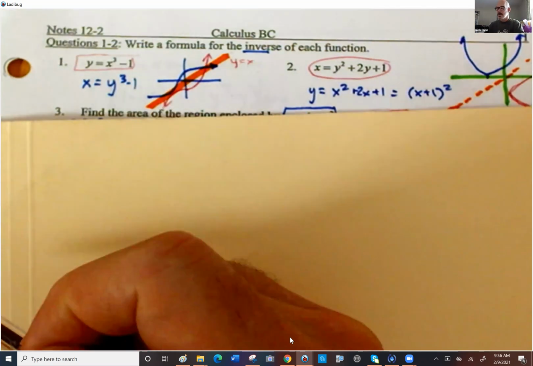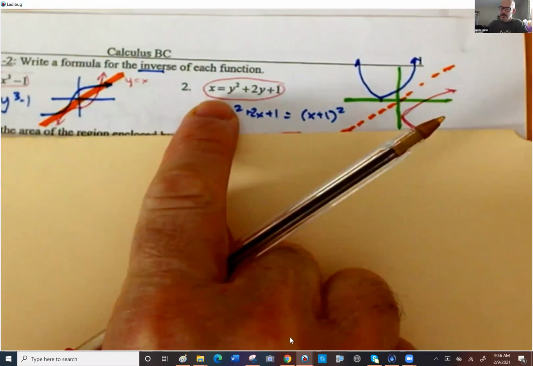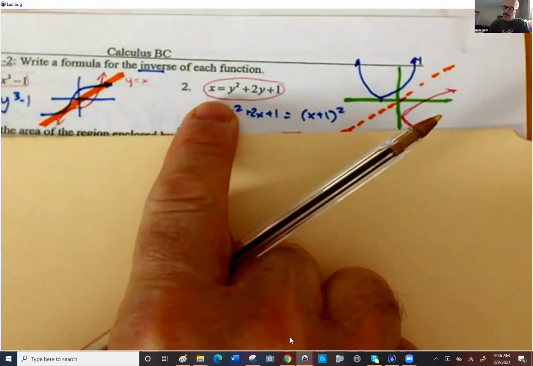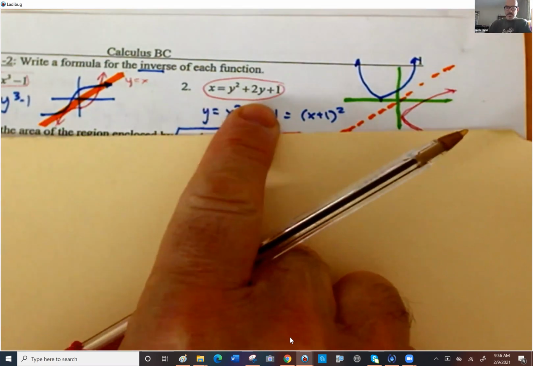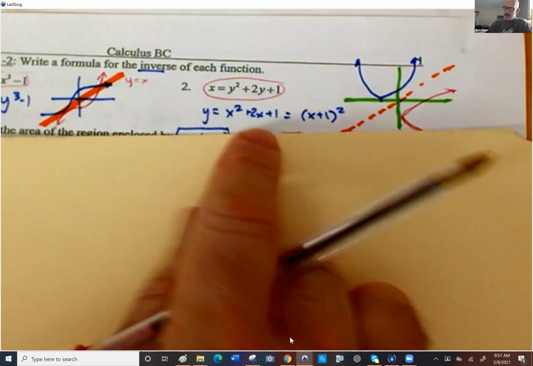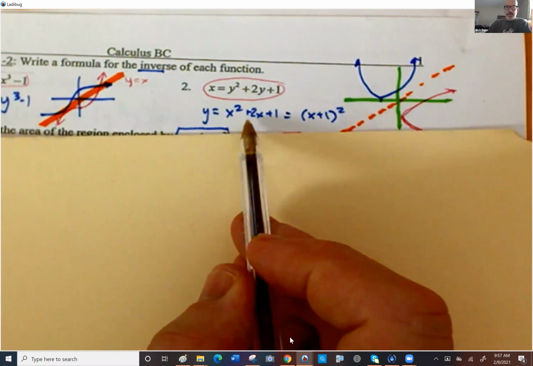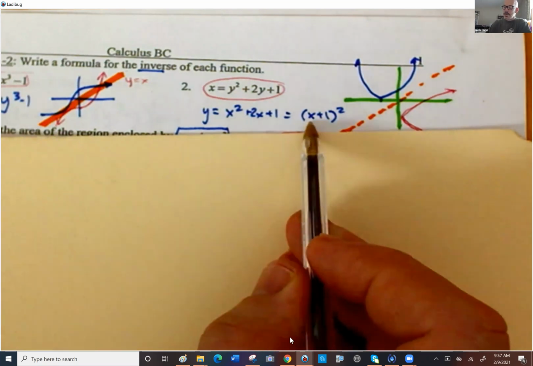Let's practice another one. Over here, you'll see that we are given this equation, x equals y squared plus 2y plus 1. If I switch these around, I'll have y equals x squared plus 2x plus 1. That does factor to (x plus 1) squared.